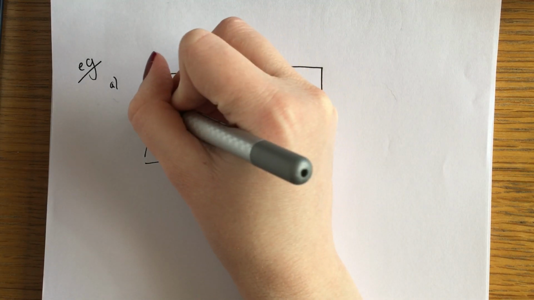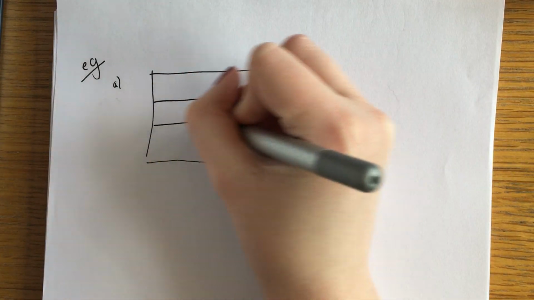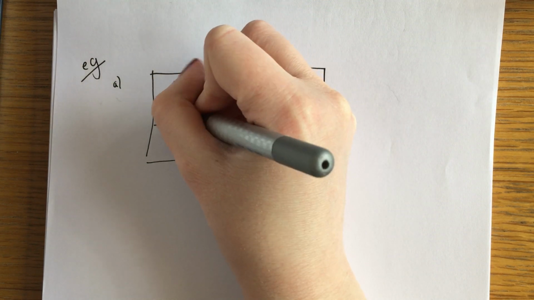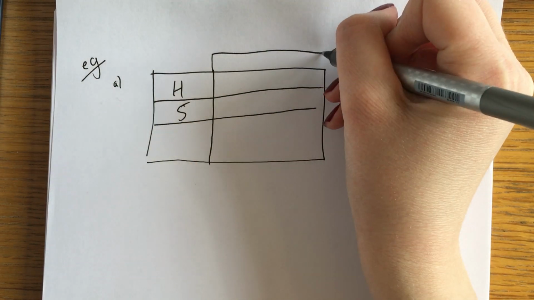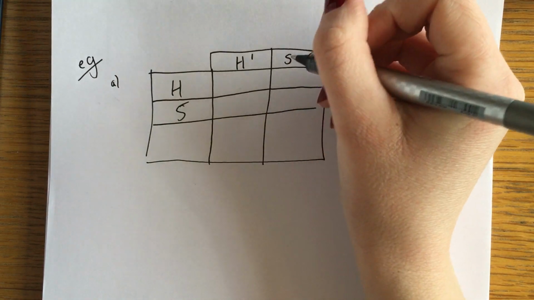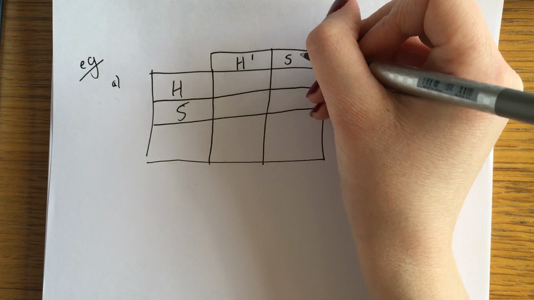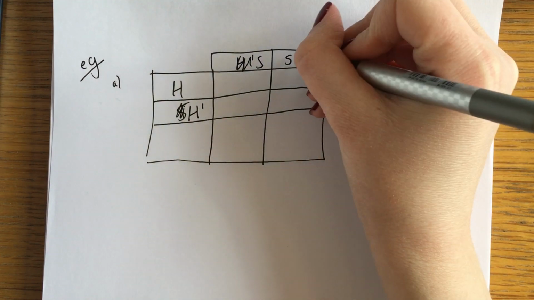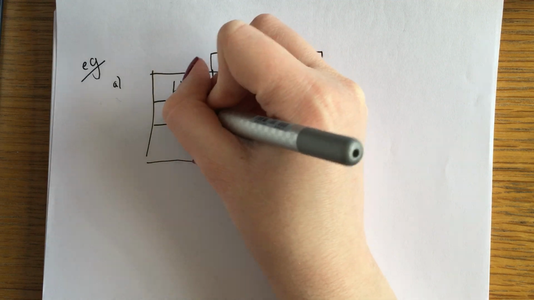So, we've got humanities or science, or we've got not humanities. Humanities or not humanities, and we've got science or not science. Sorry, that makes more sense.